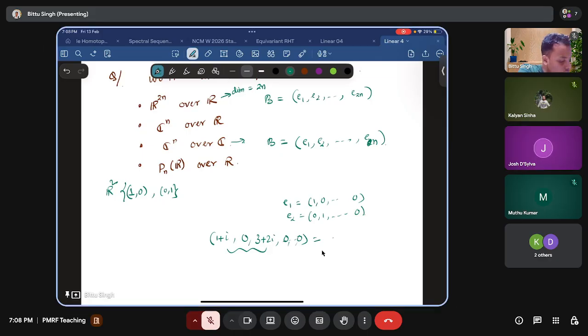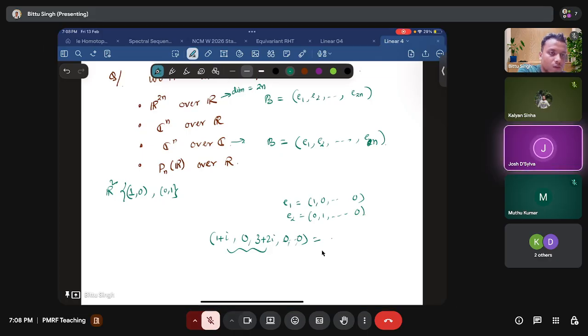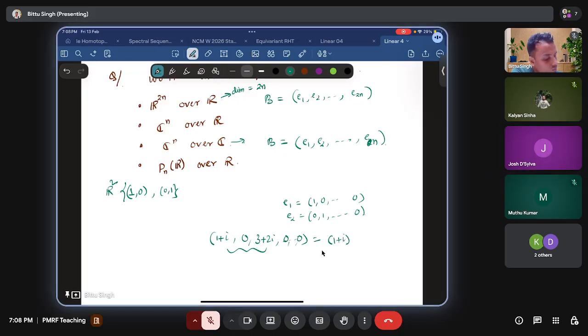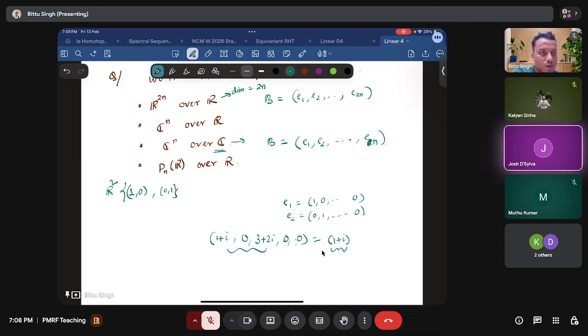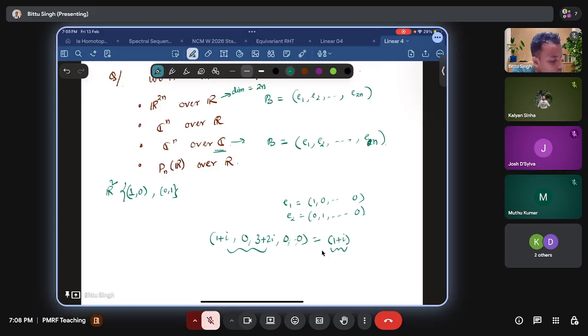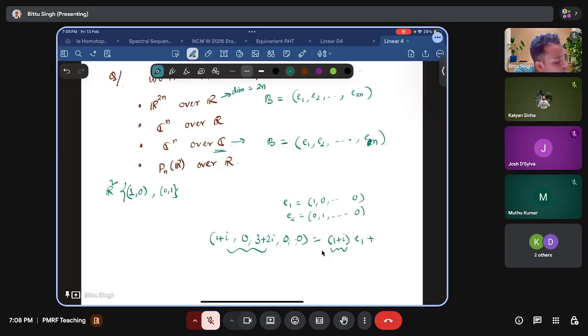Or rather, E1 into 1 plus I plus E3 into 3 plus 2I. Exactly, because the field is complex numbers, the coefficient can be any complex number. So 1 plus I E1 plus 3 plus 2I E3.